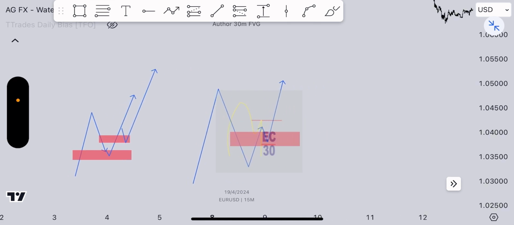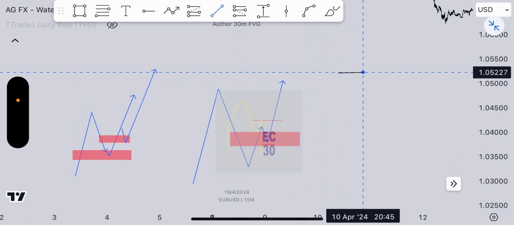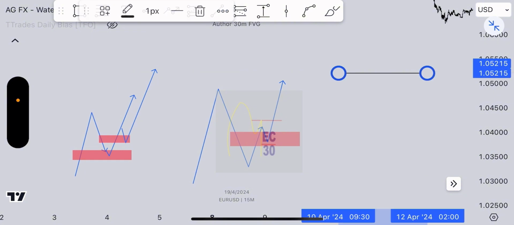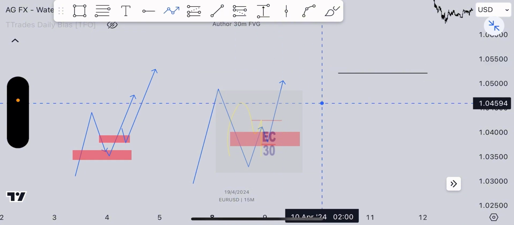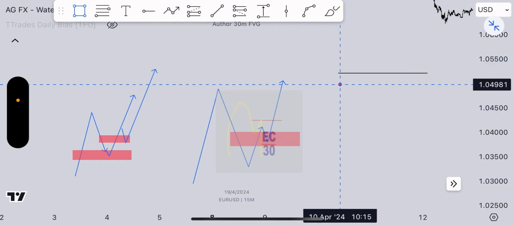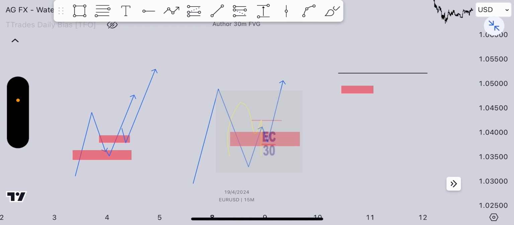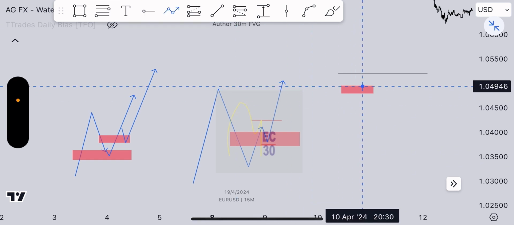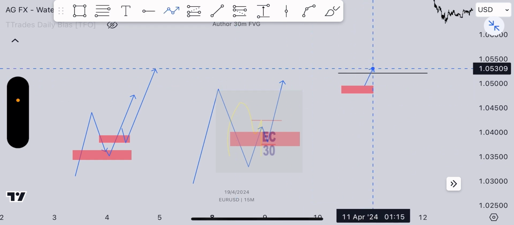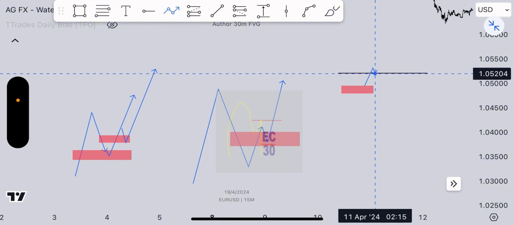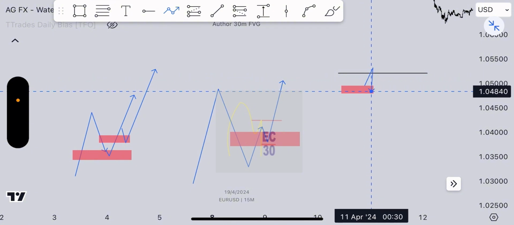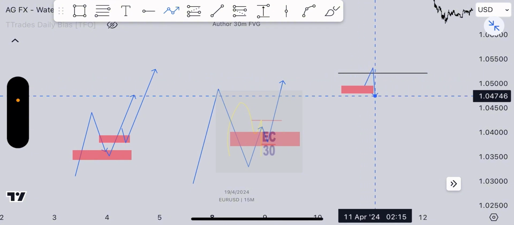So we are using this concept. The market comes here. We anticipate it as the high of the day, right? So we create this fair value gap moving towards the high of the day. Now we reach the high of the day, so we wait. We want to see this fair value gap get violated.